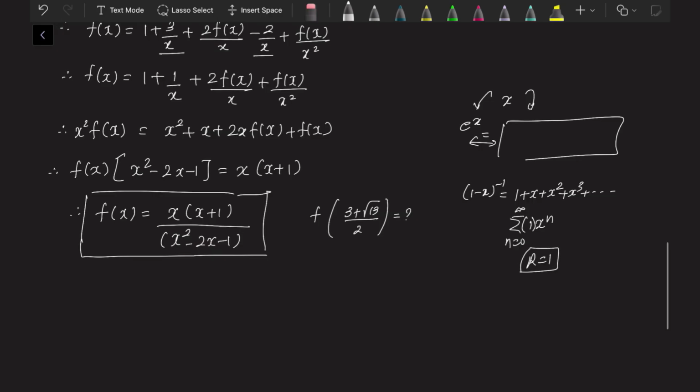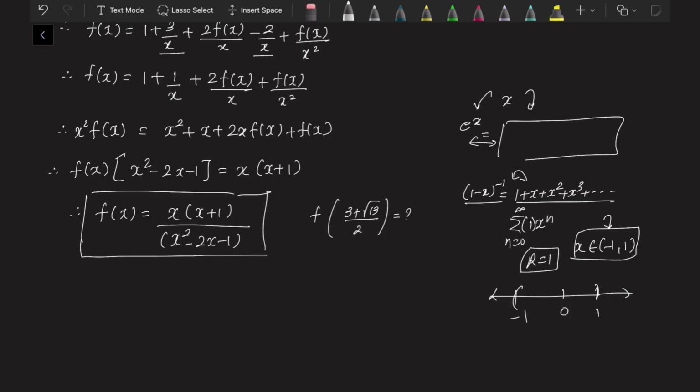The center is at 0, so we have 1 and minus 1. At x equal to 1 or at x equal to minus 1, at both values, this is not going to converge. So all the values of x that lie between minus 1 and 1, you can plug in any value from this range in this or this, and you will get the same result.